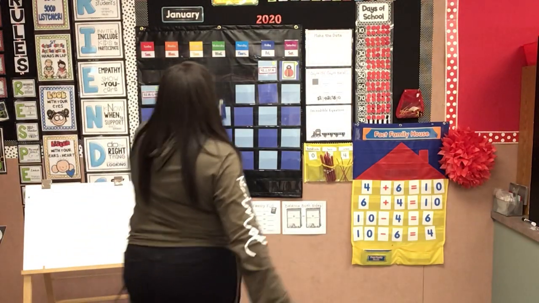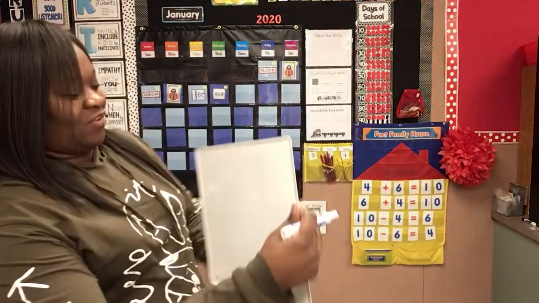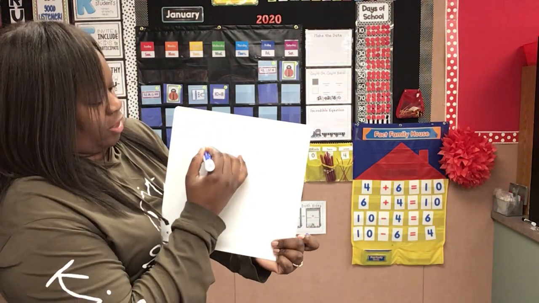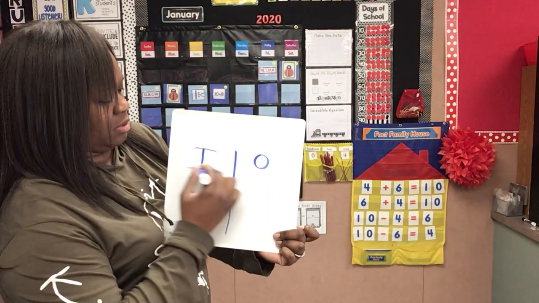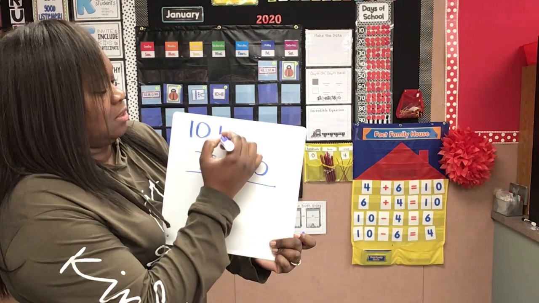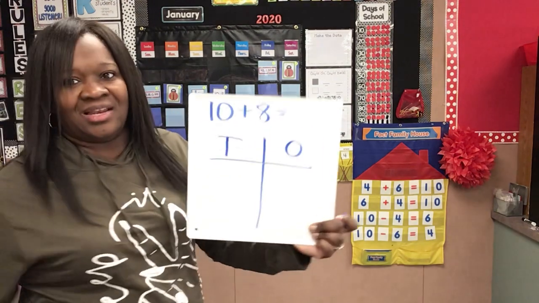All right, let's figure this out. 10 plus 8. What does it equal? Let's do our chart. We have our 10s over here and our 1s over here. And the problem was 10 plus 8. What does that equal?